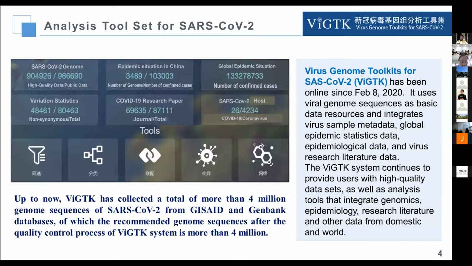Up to now, the VERDTK has collected a total of more than 4 million genome sequences of SARS-CoV-2, and after quality control processes, our system can provide more than 4 million high quality sequence data for the SARS-CoV-2 genome and for scientific research.